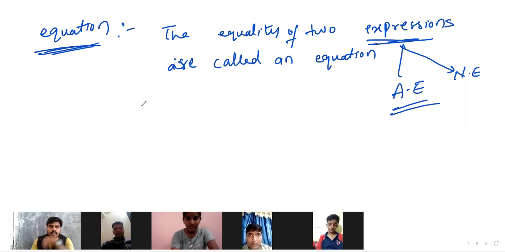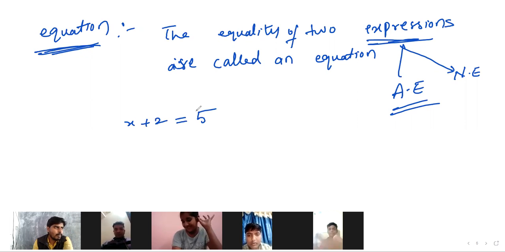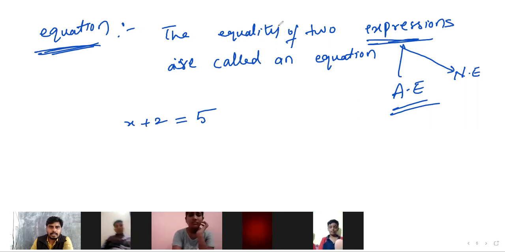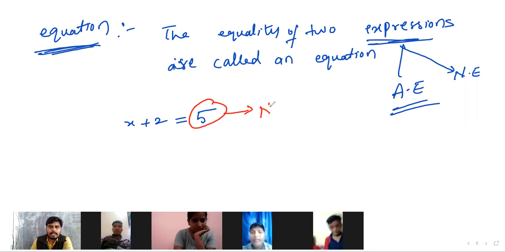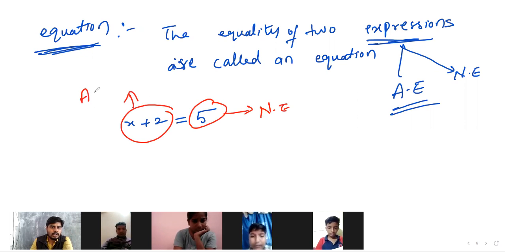Suppose I write x plus 2 is equal to 5. The right side is a numerical expression, the left side is an algebraic expression, and we have an equality sign here.